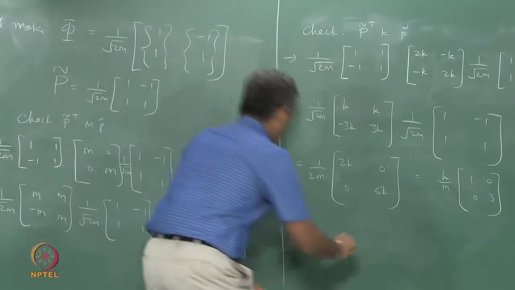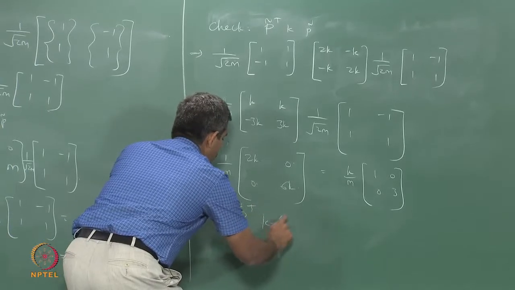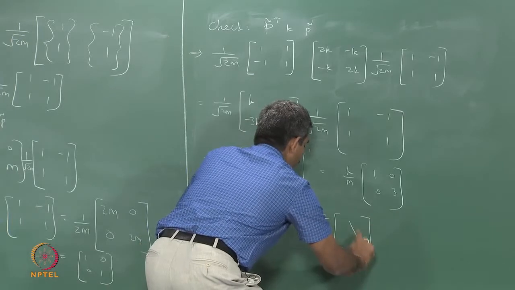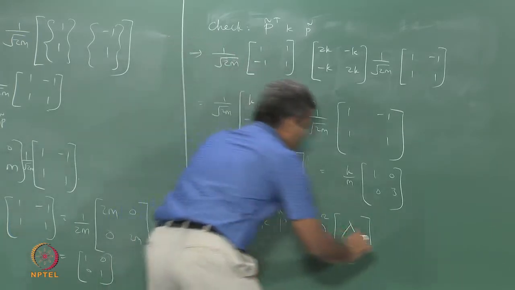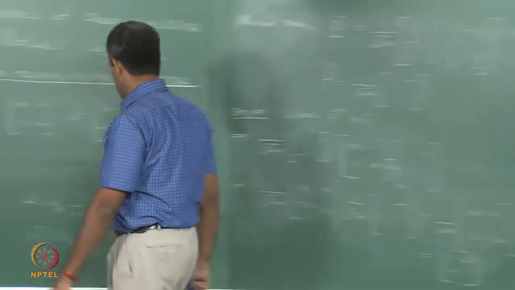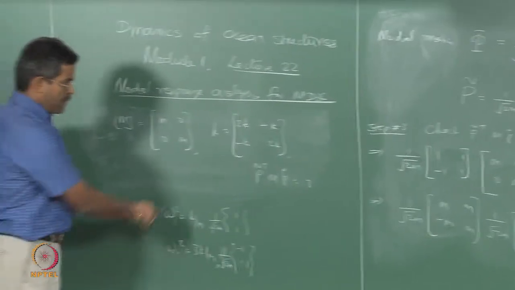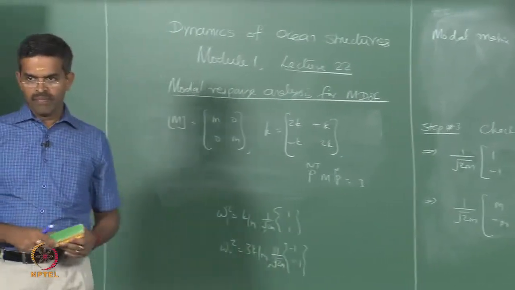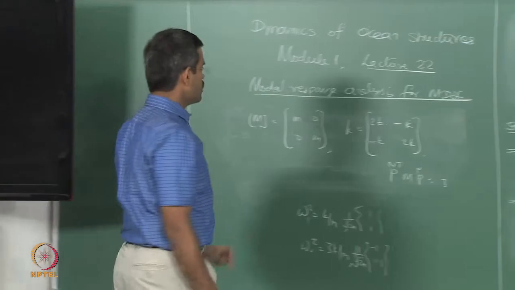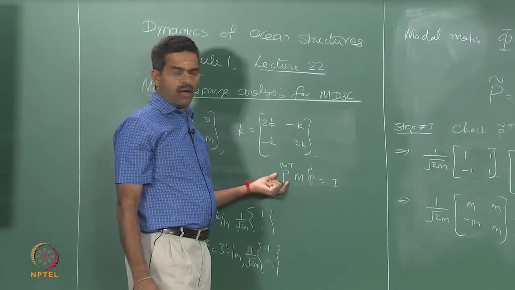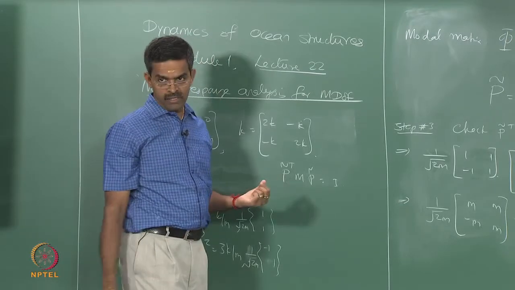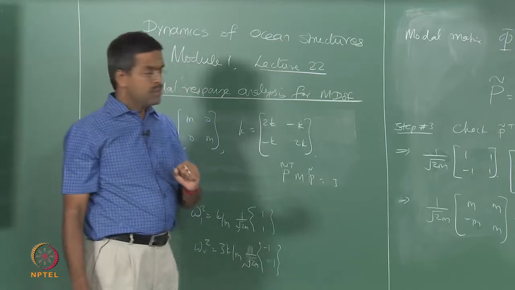See what happens. I can say P tilde transpose K P tilde can be written as omega square of, where this is an eigenvalue, because the eigenvalues for these problems are k by m and 3k by m. So, when you have a normalized modal matrix which is normalized with respect to the mass matrix, you get two advantages.